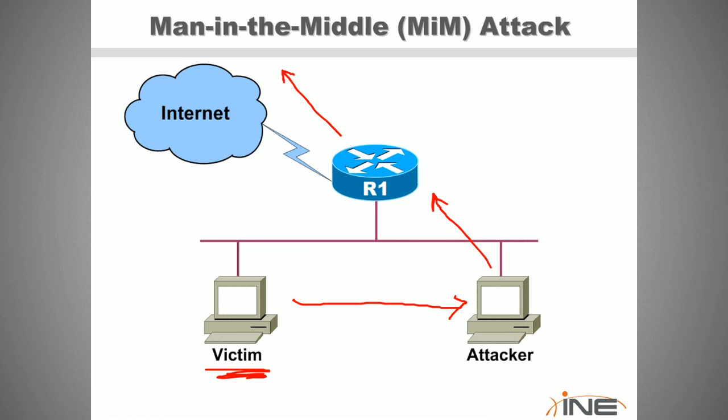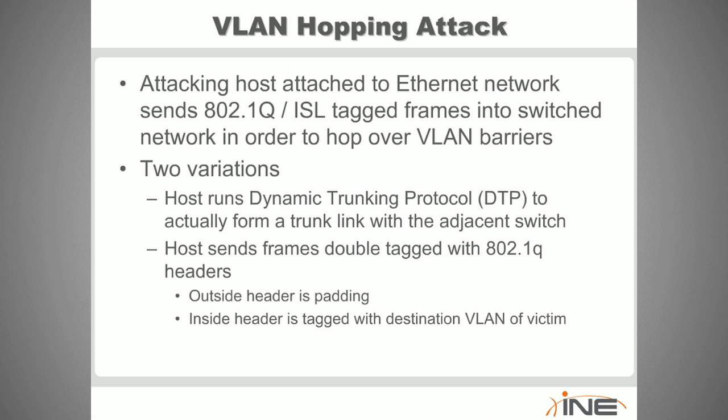So from their perspective, it doesn't look like anything is wrong, but somehow the attacker has inserted themselves in the layer 2 transit path, which means that any unencrypted information they will be able to sniff out of the layer 2 and layer 3 frames. So we'll spend some time talking about what the specific implementations of man-in-the-middle are. How can we do this from a layer 2 point of view by doing ARP poisoning versus doing DHCP poisoning or a layer 3 or layer 2 type spoofing.